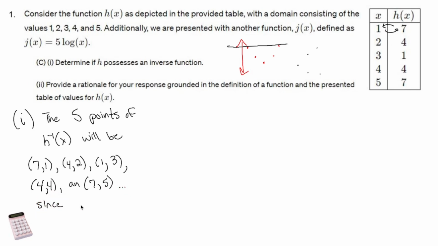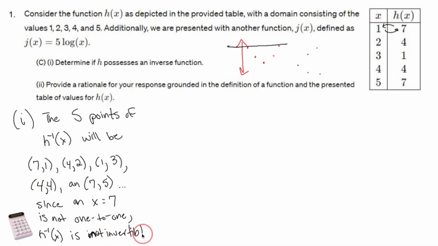Since an x equals 7 is not 1 to 1, H inverse of X is not invertible.